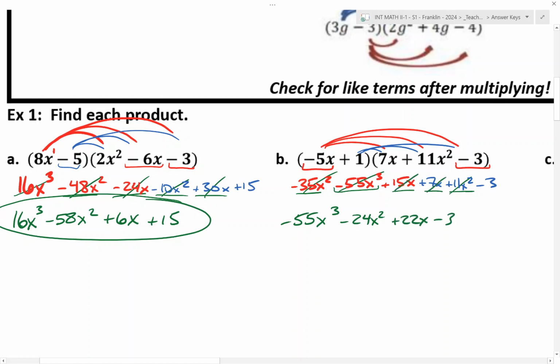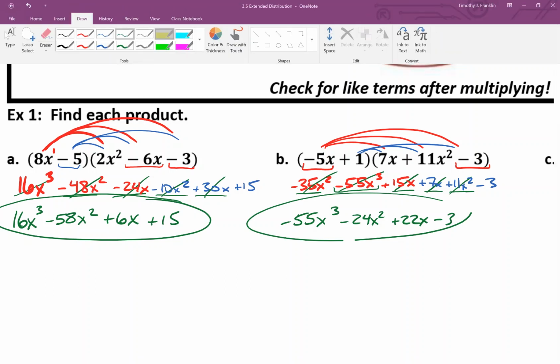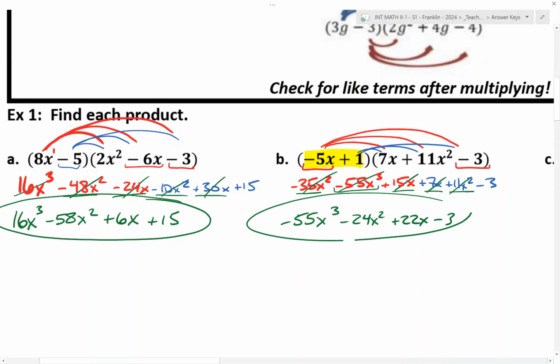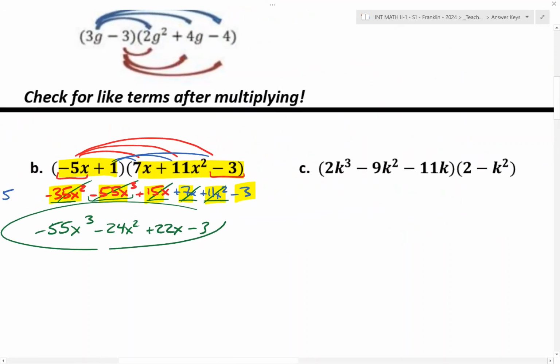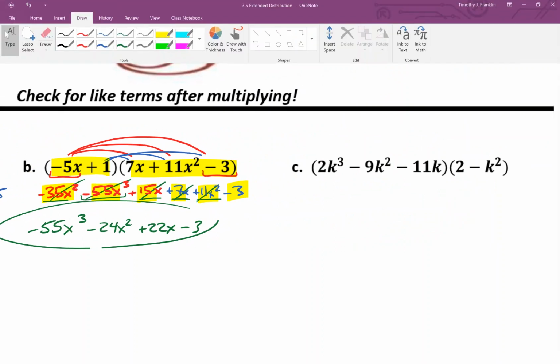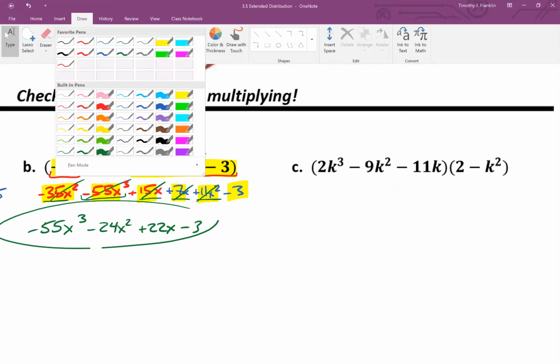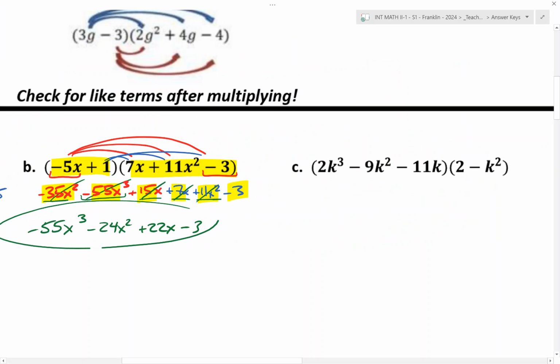And then minus 3. Again, double check when you do these to make sure you end up with the right amount of terms. We have 2 terms times 3 terms. That gives us 1, 2, 3, 4, 5, 6 terms. Should get 6 before you simplify, if you have a binomial times a trinomial.